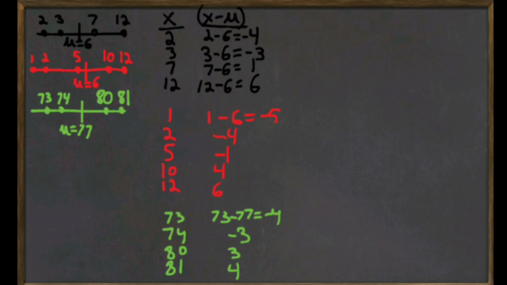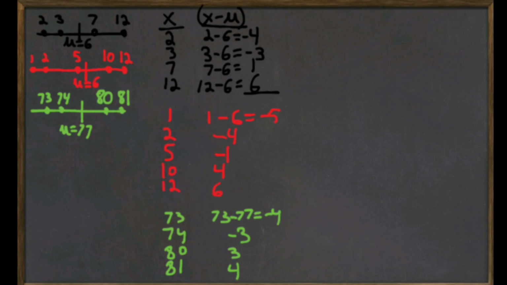So we have the distances from the mean, and a natural place to start is to sum those up or take an average of them. So why don't we do that? What happens if we sum up the deviations from the mean?